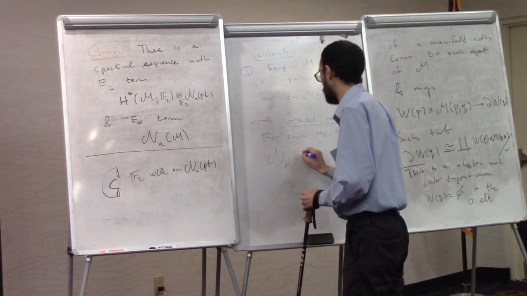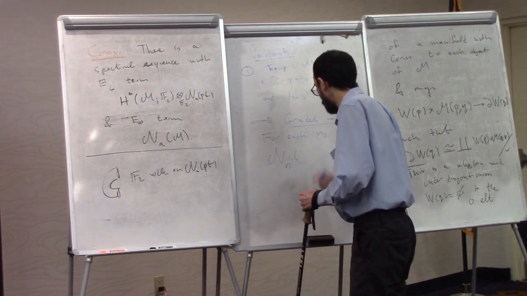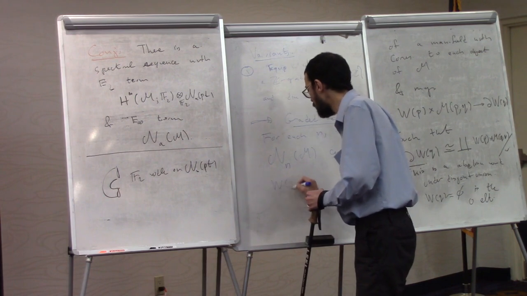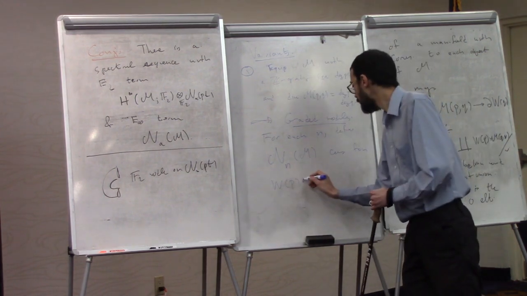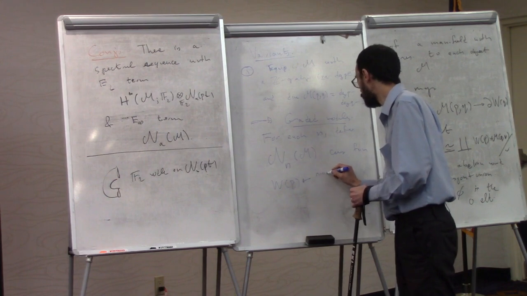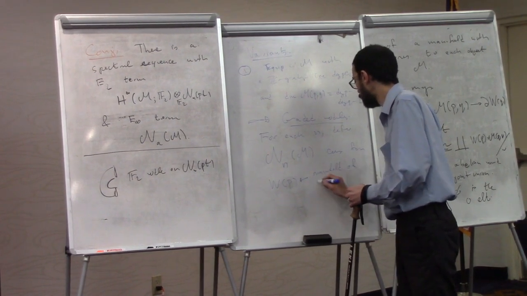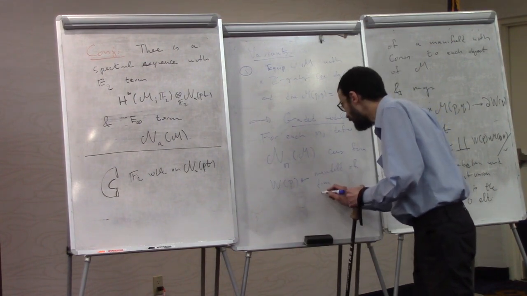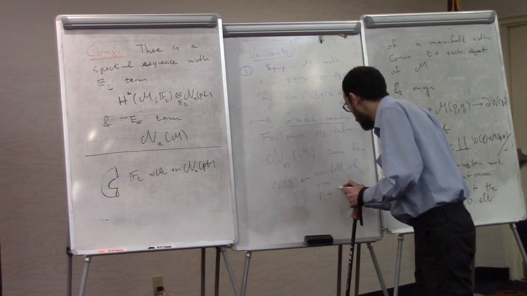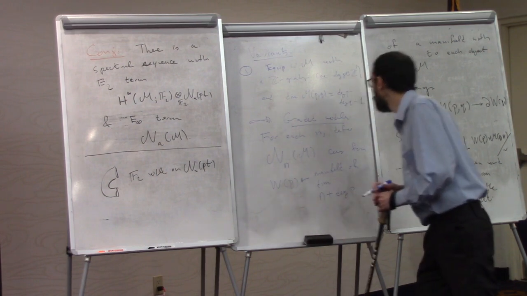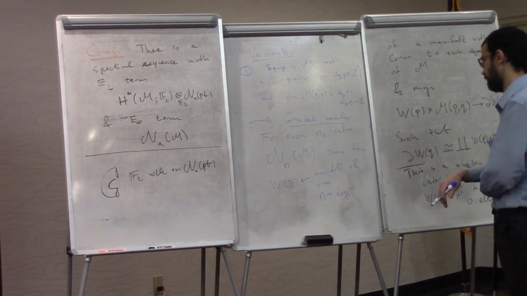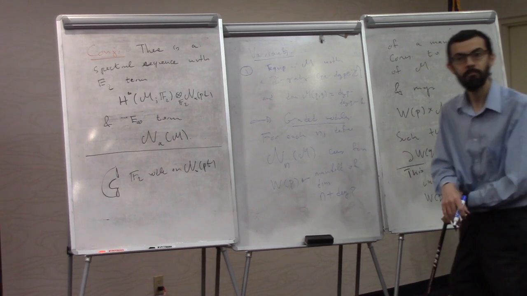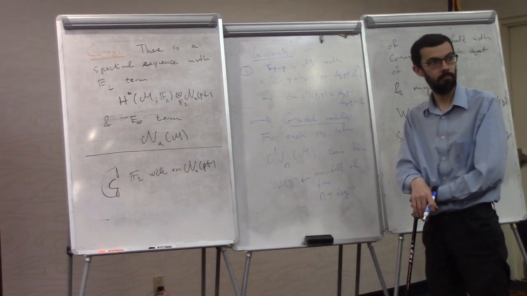The nth group of M, of this flow category, comes from assignments W_P, where this has to be a manifold of dimension n plus the degree of P. Okay?